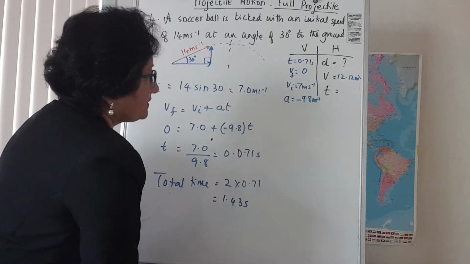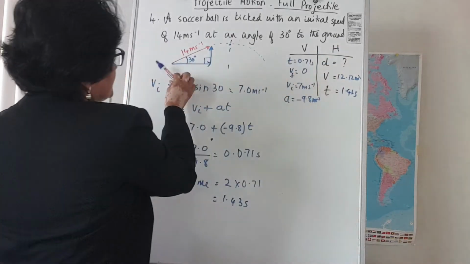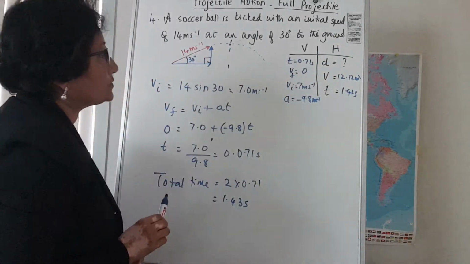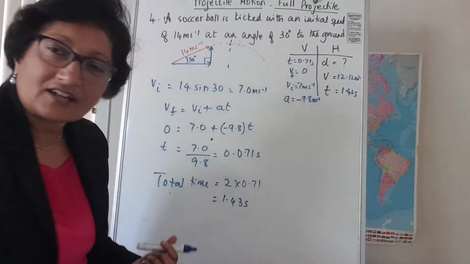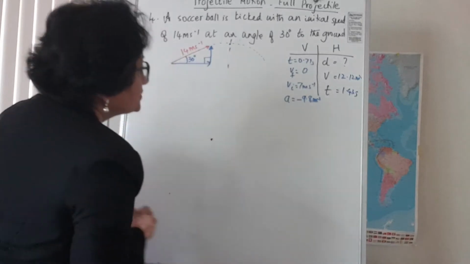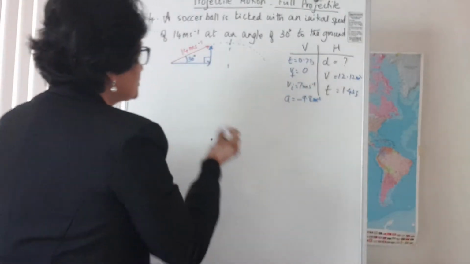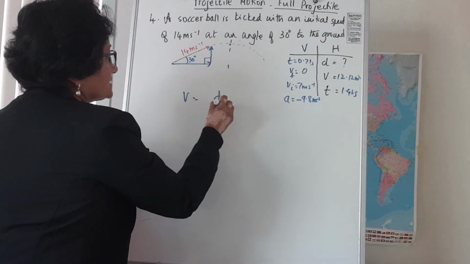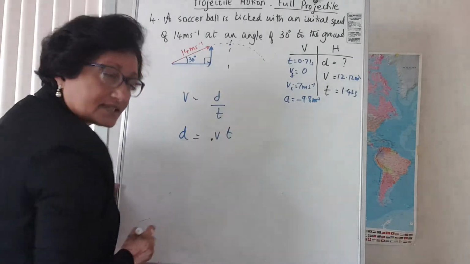So where am I going to write that time? Over here. The time taken to go the whole journey is 1.43 seconds. Now the rest of it is just a piece of cake, just a little bit left. We're trying to find d, and we know two of those things. The equation we use is v equals d over t, or d is v times t.